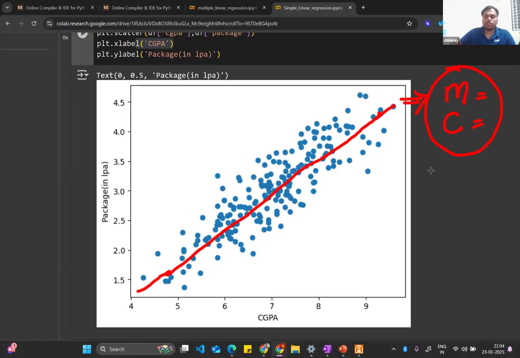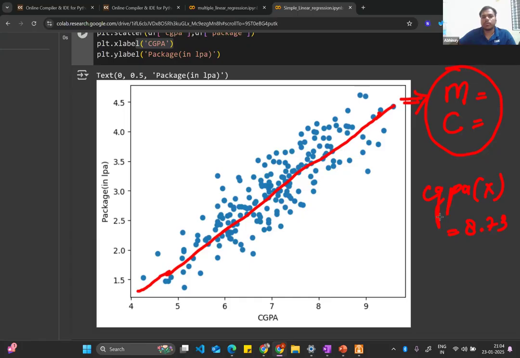Why? Because suppose an unknown person or a new student came in a class and asked my model, my CGPA, that is the value of x, is 8.73.